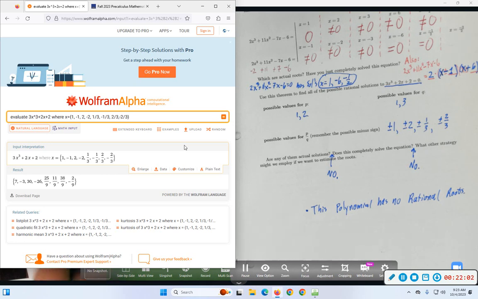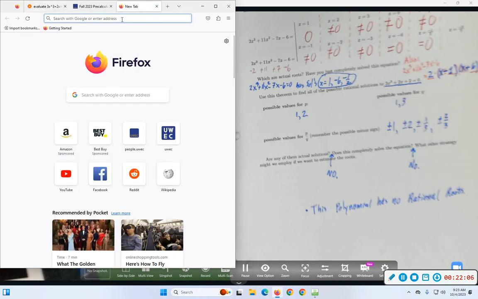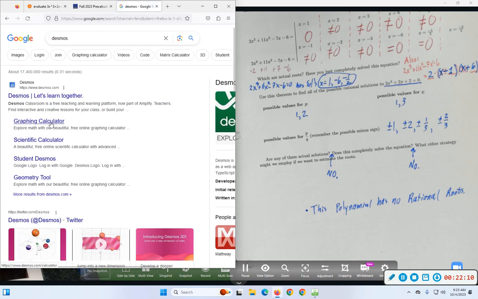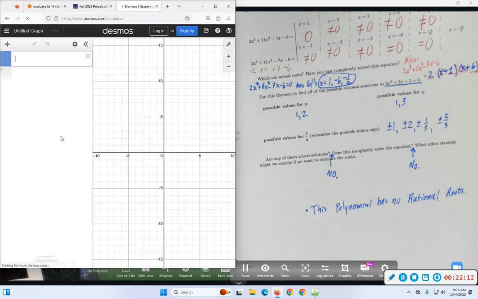I'm okay at reading lips, but not good. So, I could use Wolfram Alpha. Desmos is the one I've been using more regularly. Let's graph this thing. 3x cubed. Nope, that's one. Plus 2x plus 2. So, by looking at this graph, how many solutions does this thing seem to have?